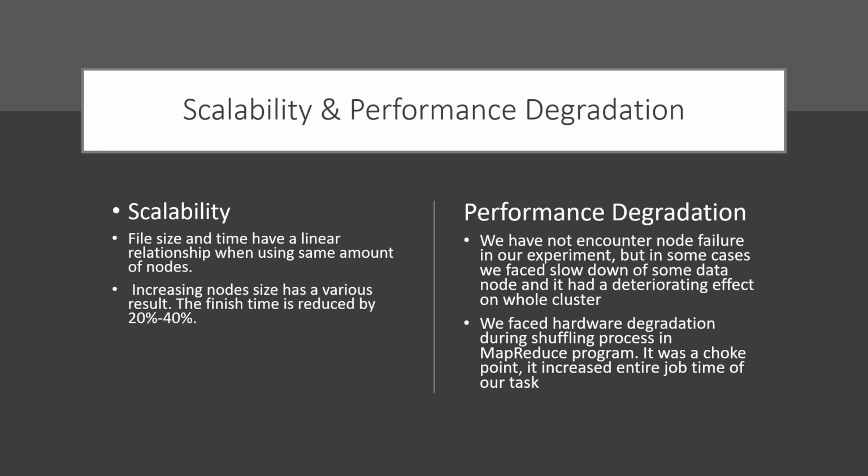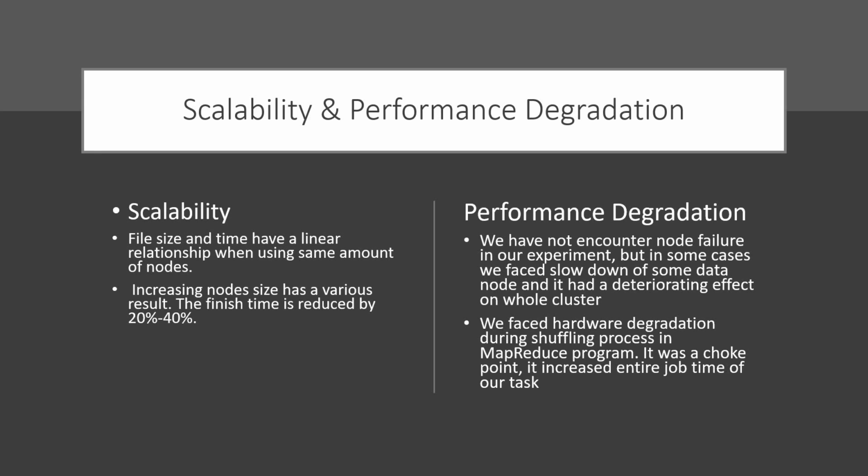Here, as we run the program in different cluster nodes, we see that the file size and the execution time of the whole data file have a linear relationship when using the same number of nodes or cluster size. So when the file size increases, the execution time also increases.